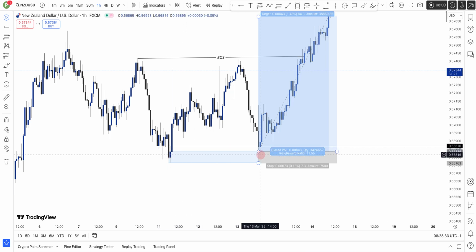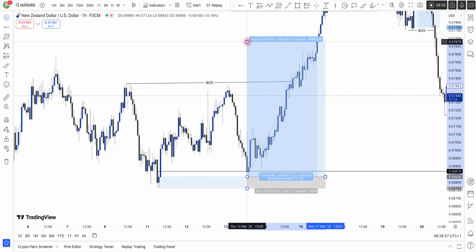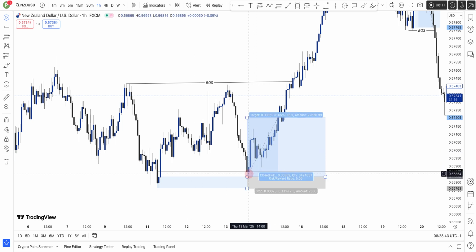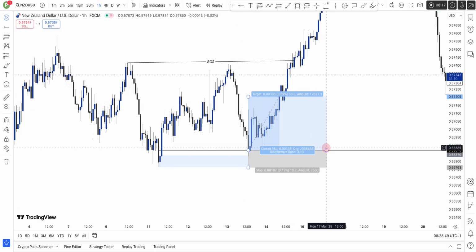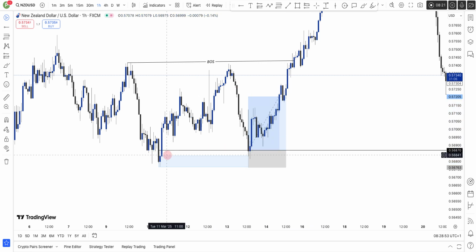Price came in, tapped into the body, and gave me a very good trade. Now let's target a 1:5 trade here as well. Someone that used the whole candle got just 1:3, and I got 1:5. So you can see how effective this entry type is.